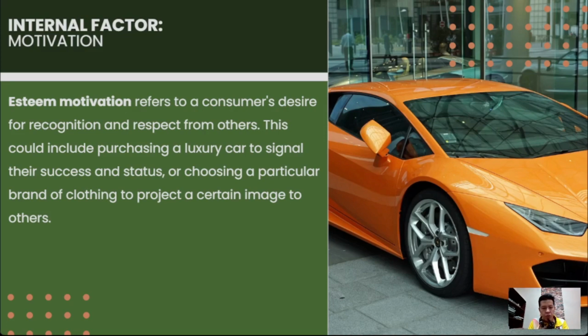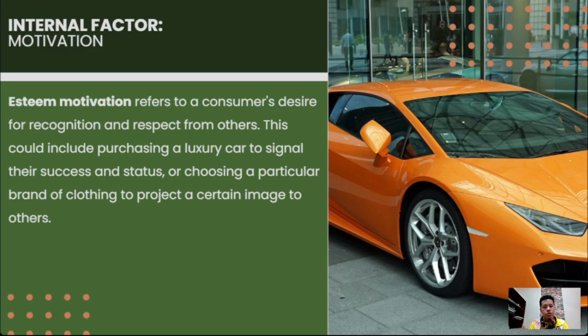Now, when we are talking about esteem motivation, this is at the point of self-actualization, or at least nearing that point, wherein your feelings, your emotions, your purchase decision is influenced by the different perceptions that you think may affect how others perceive you.